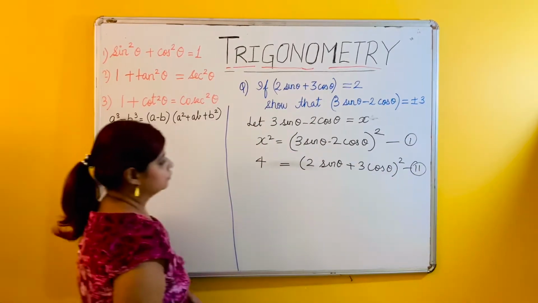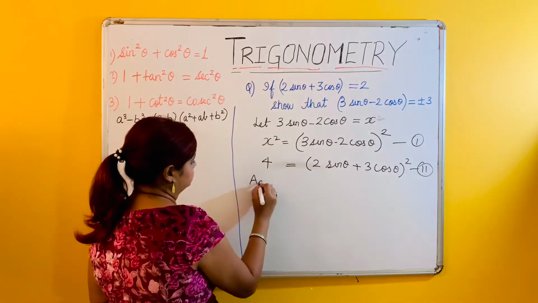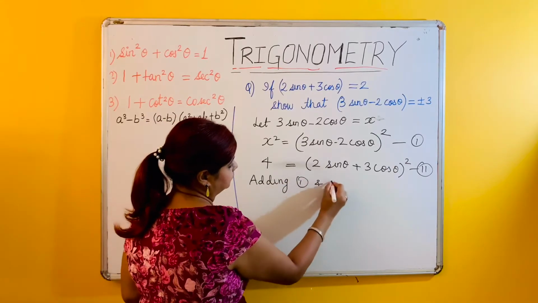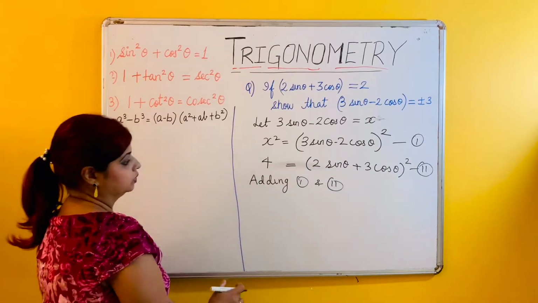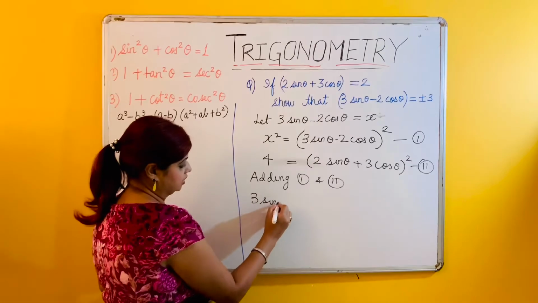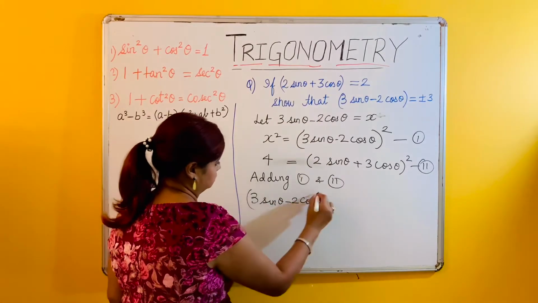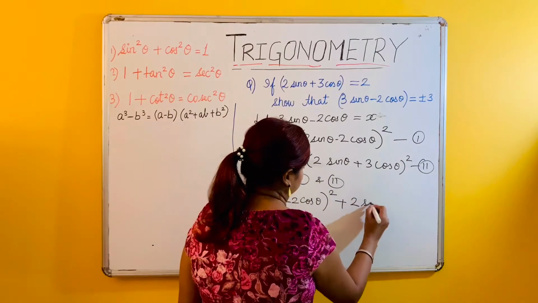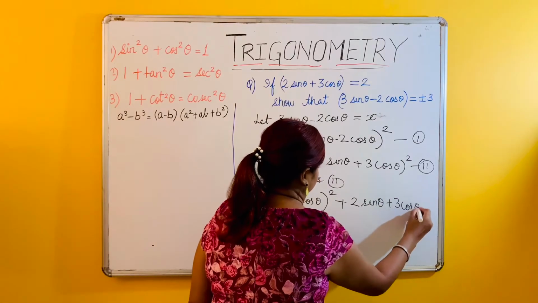So what we do is we add equation 1 and 2. This part will be added and this part will be added. So it is 3 sin theta minus 2 cos theta whole square plus 2 sin theta plus 3 cos theta whole square.